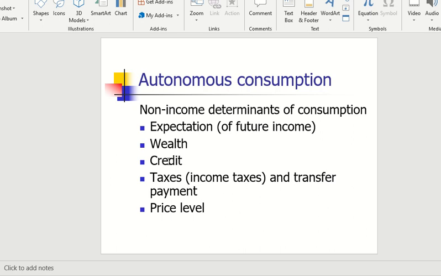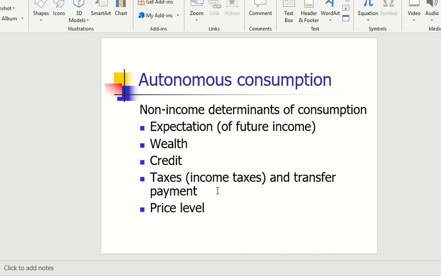For example, if you get offers like zero down payment, zero interest rate for 12 months for a washing machine, obviously you are tempted to buy a new washing machine. If you're given easy financing to get a new car, obviously you are tempted to buy a new car. So that's easy credit, or how easy it is to get loans, get financing.